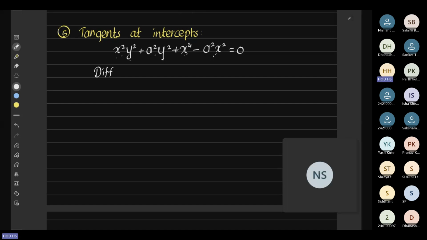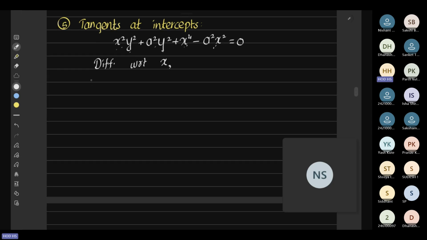Tangents are at last some lines, so we can describe them in point slope form. So we know the point because that's the point on the curve. So we just need to calculate the slope. So to calculate the slope, we are differentiating with respect to x because dy/dx gives us the slope.